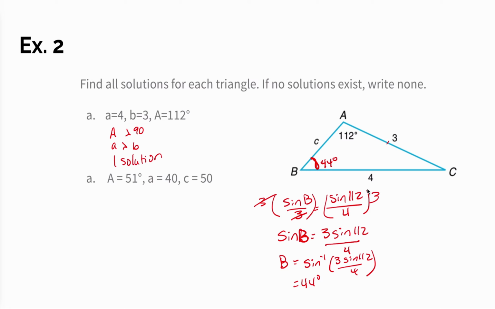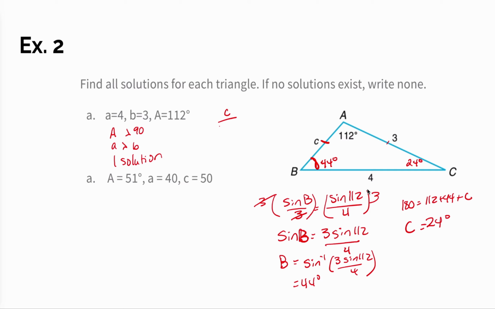Now you can do 180 equals 112 plus 44 plus C, and solve for C. C is going to be 24 degrees. So you get 24 degrees here, and now we can do law of sines again to find this missing side.